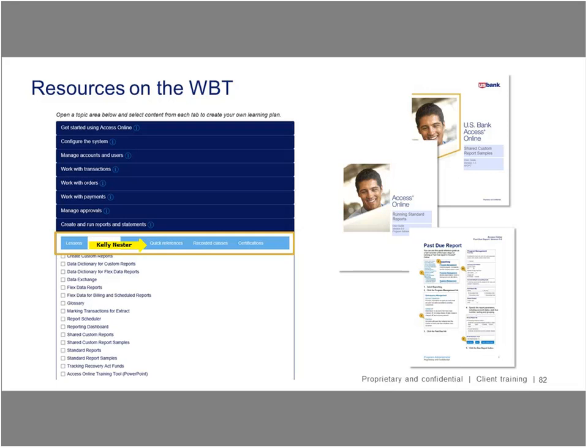Quick reference guides, which are kind of an abbreviated 1 to 2 page overview. They're just a shorter version than the user guide if you maybe have done a task before and you just need a refresher. We also have recorded classes. These are for our government and commercial clients. You all will have your own set of recorded classes from the custom training that we're providing for you. And then there's also certification questions that you can use optionally to go along with the lessons if you wanted someone to take a lesson and then take a little quiz after completing that lesson.